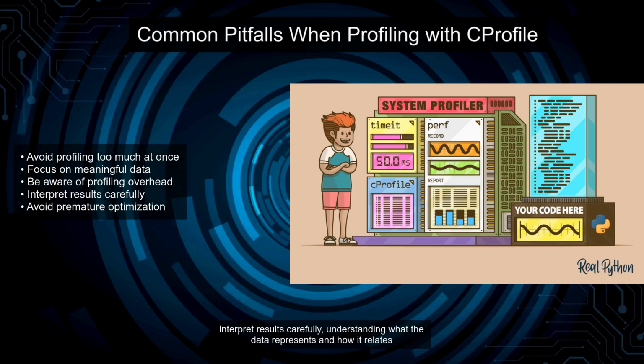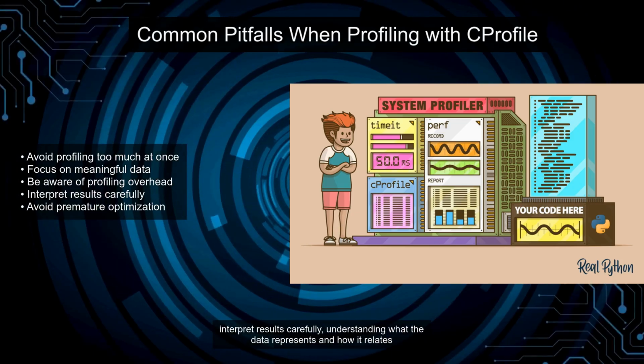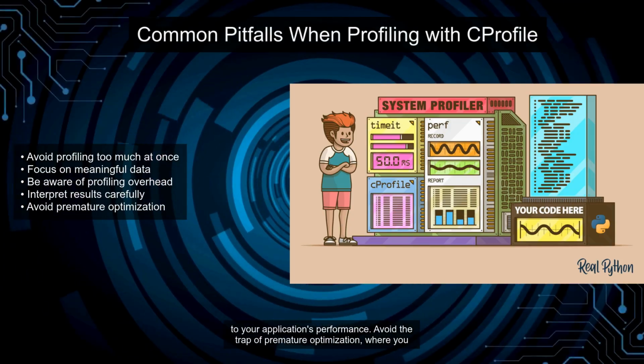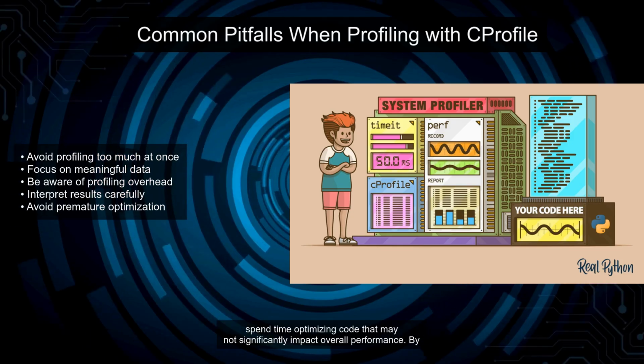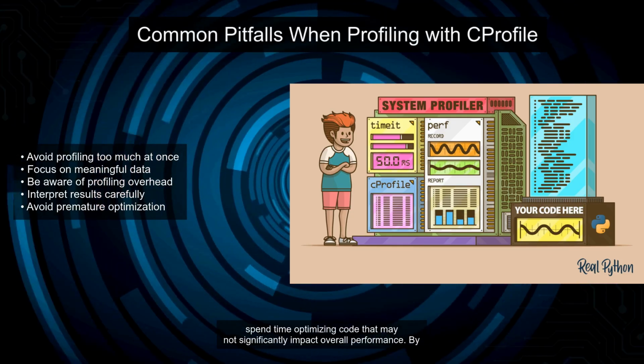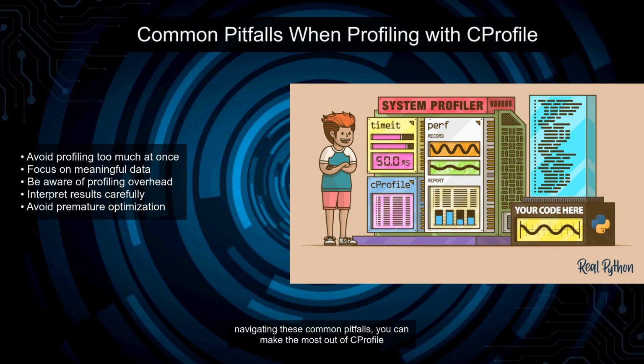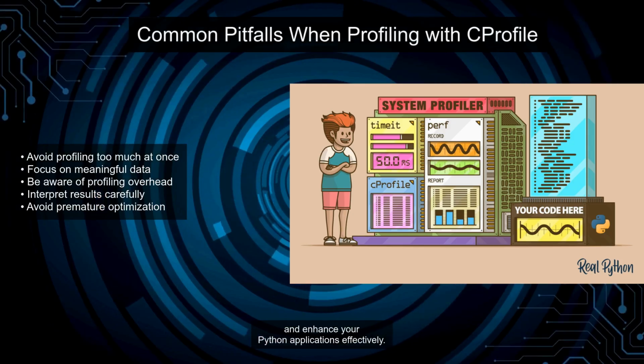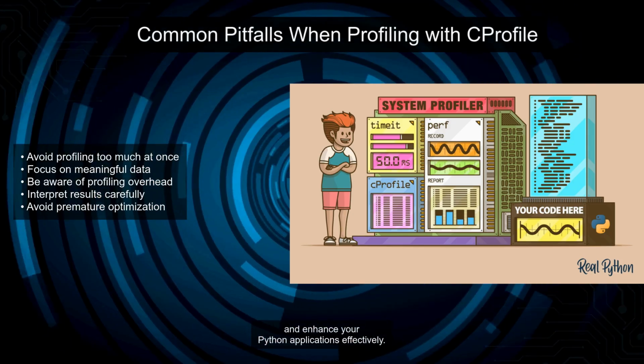It's essential to interpret results carefully, understanding what the data represents and how it relates to your application's performance. Avoid the trap of premature optimization, where you spend time optimizing code that may not significantly impact overall performance. By navigating these common pitfalls, you can make the most out of Profile and enhance your Python applications effectively.